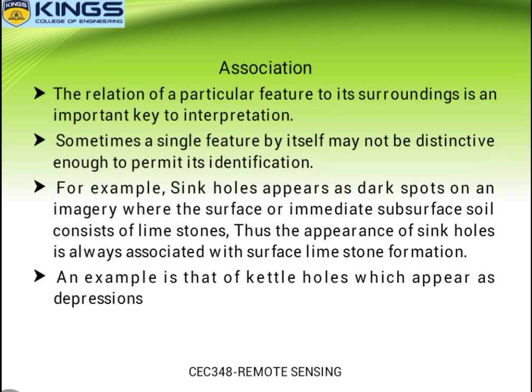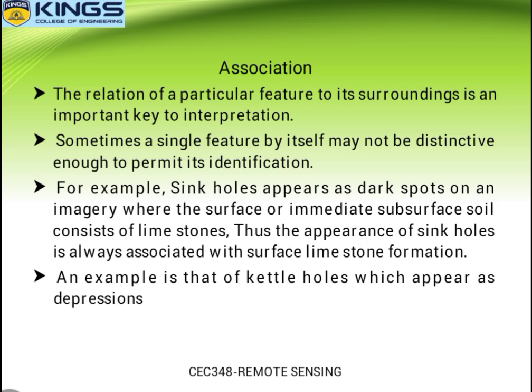Next one is association. The relation of a particular feature to its surroundings is an important key to interpretation. Sometimes a single feature by itself may not be distinctive enough to permit identification.